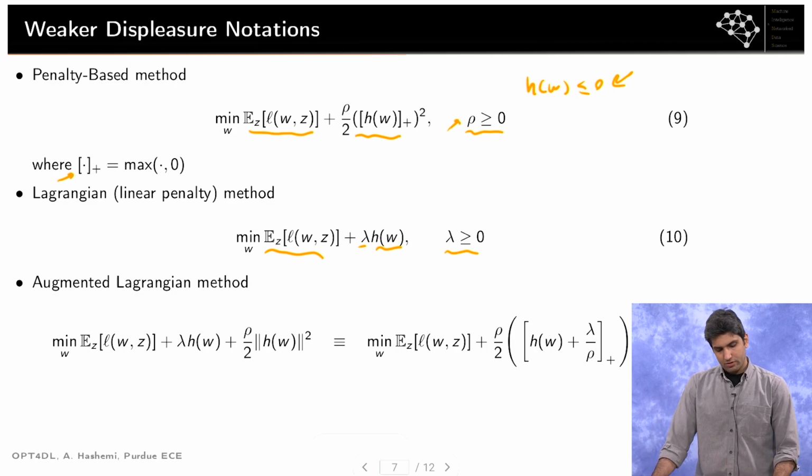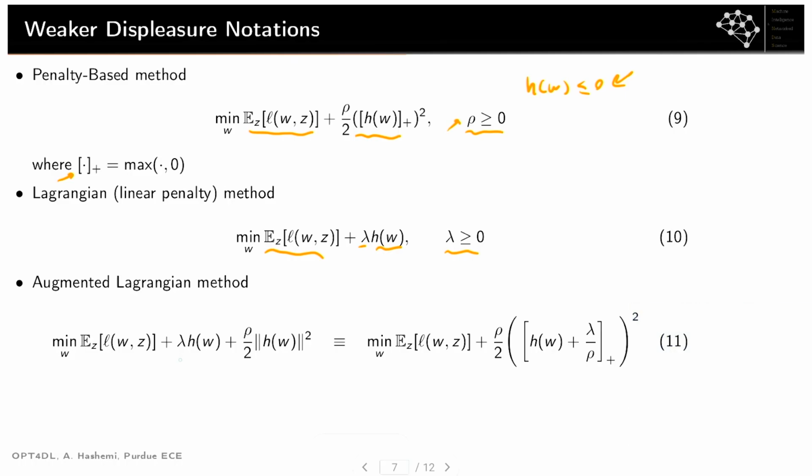Now, another approach is that we can combine these two together, including both the linear penalty as well as the quadratic penalty, and this is referred to as the augmented Lagrangian method. So we have the linear term and the quadratic term, and if you complete the square and get rid of the constants, which are not a function of w but could be a function of rho and lambda, we can equivalently write this in terms of the original loss that we want to minimize plus a quadratic penalty that is shifted.